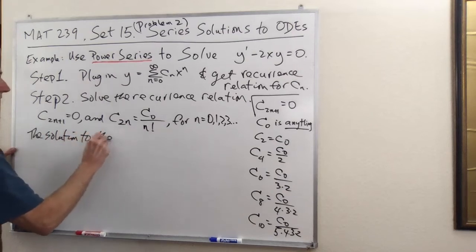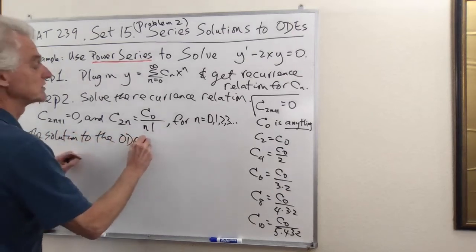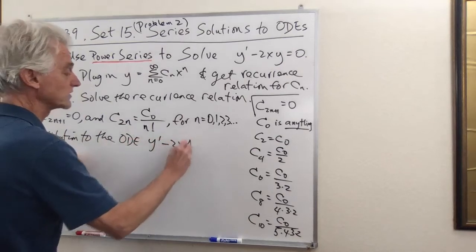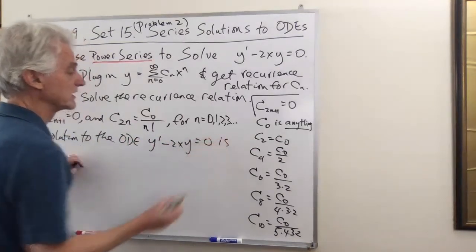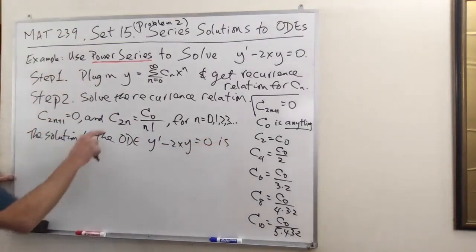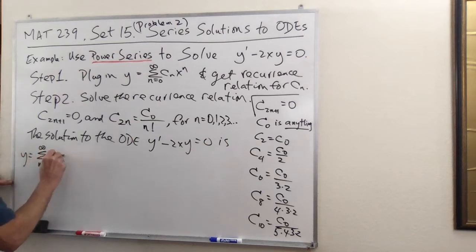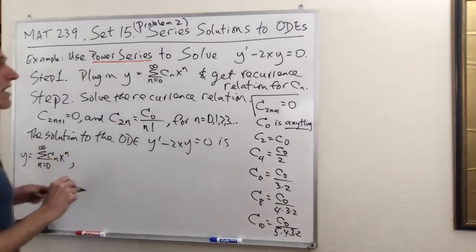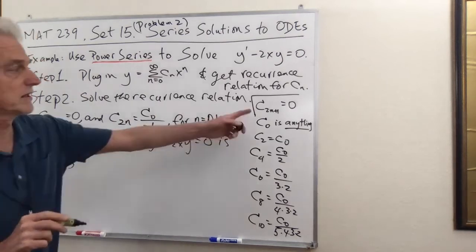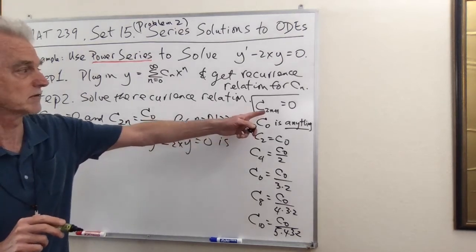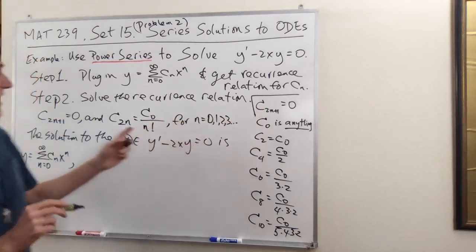So the solution to the ODE, which is y prime minus 2xy equals 0, is y equals the sum from n equals 0 to infinity of cn x to the n, but now all of the odd subscripts for c are 0, and the even ones have this formula.